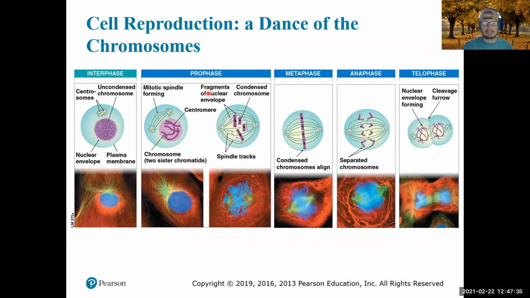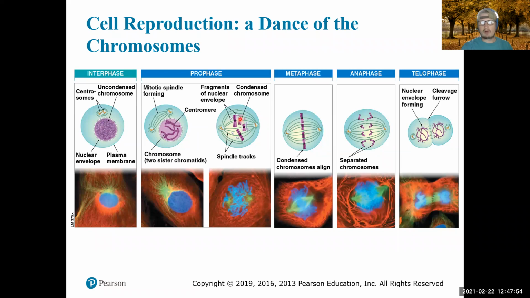What's also happening in prophase is that the centrosomes are migrating to the poles of the cell. And so you can see a centrosome here and a centrosome here. And that's because the spindle fibers are going to grab on to those sister chromatids.